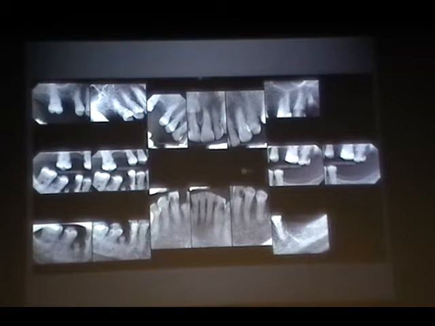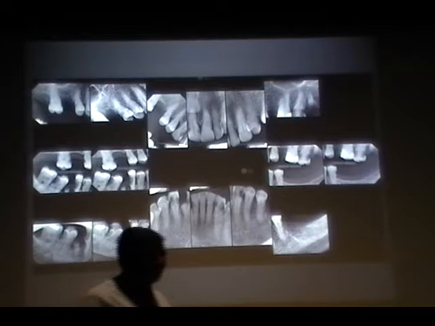Okay, moving on. So, I think bottom? Right. There's no open contact with molars. And also the apex is visible in the maxillary molars and also mandibular.